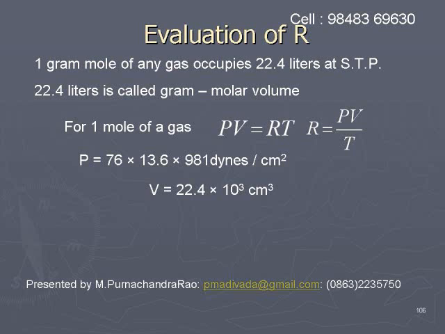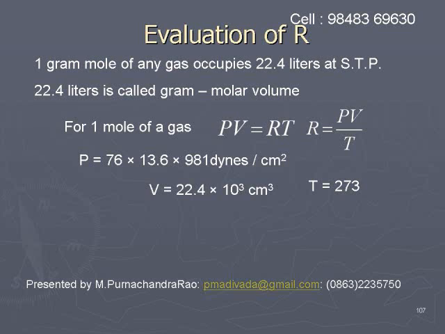We know at STP the volume is 22.4 liters. 1 liter is 10 to the power of 3 cubic centimeters. Hence, the volume is 22.4 into 10 to the power of 3 cubic centimeters.